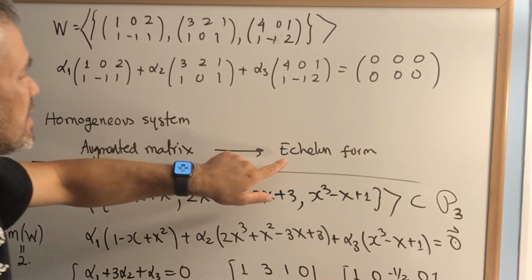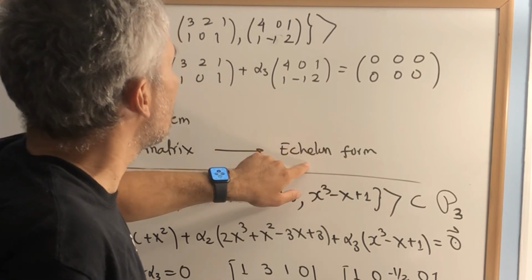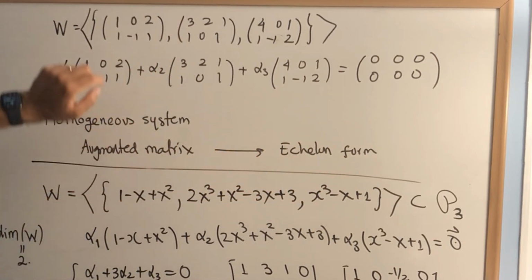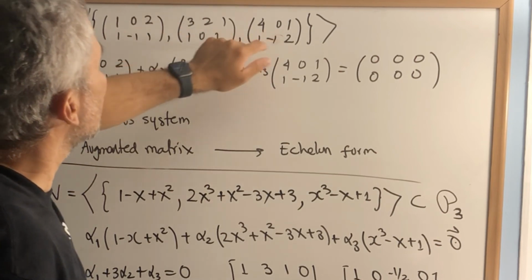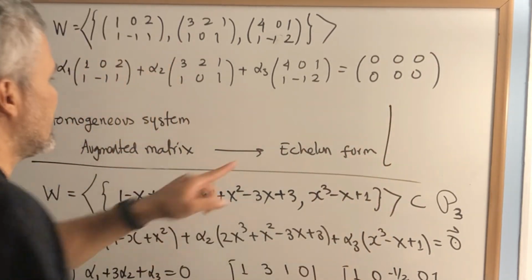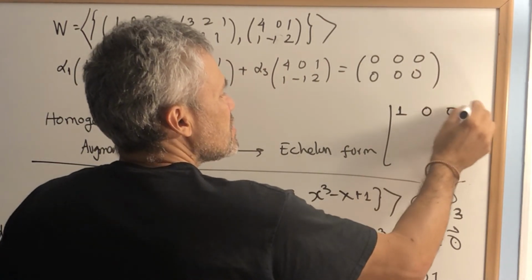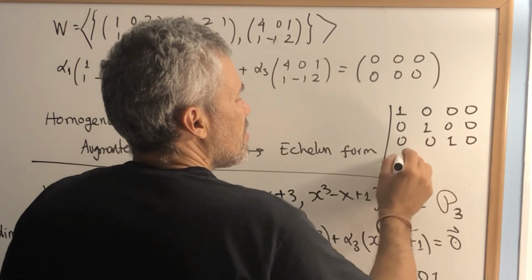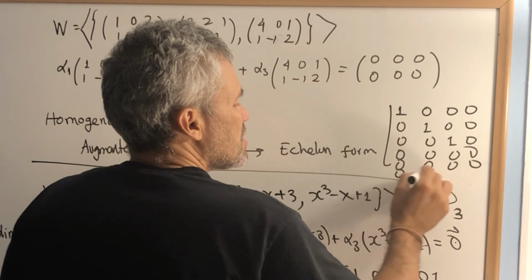And in this case, we select the pivots of this matrix, and those pivots correspond to the matrices that we need to pick from here to make up a basis. In this case, if you do the math, you will get that this matrix is the matrix 1, 0, 0, 0, 0, 1, 0, 0, 0, 0, 1, 0, 0, 0, 0, 0, 0, 0, 0, 0, 0, 0, 0, 0.